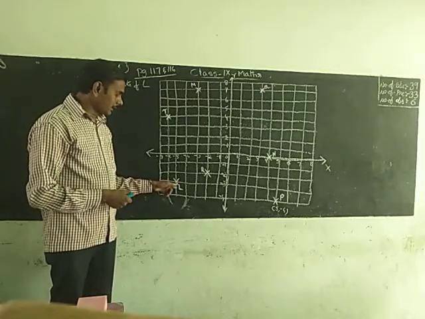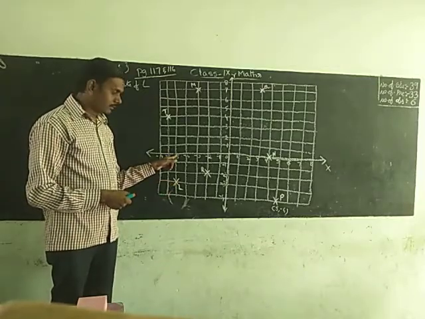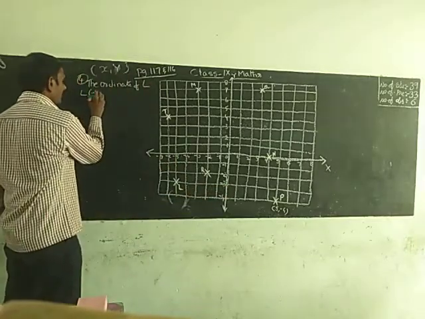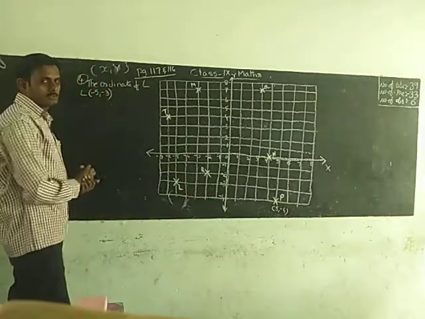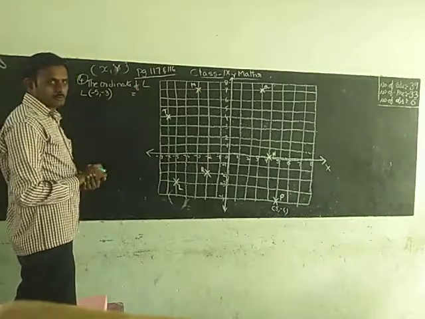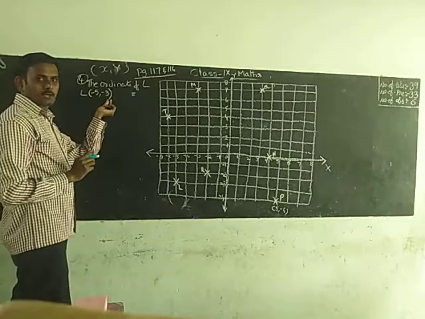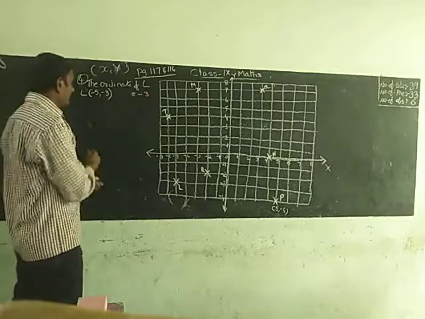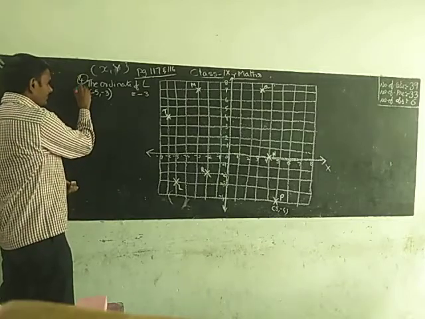L is located at -5 on the x-axis and -3 on the y-axis. That means we can write -5, -3. So the abscissa of L is -5 and the ordinate is -3. -3 is the answer. The first question is completed.